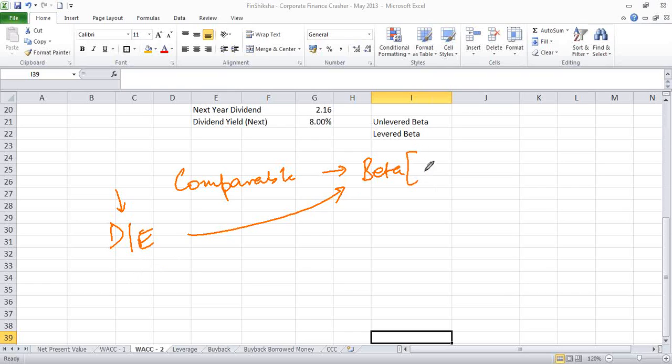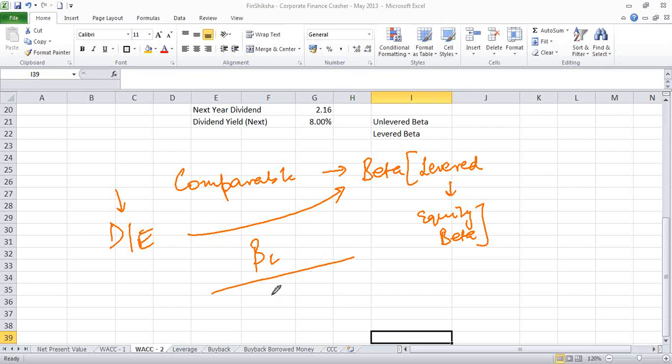The beta that we calculate is called the levered beta or the equity beta. This is calculated from the stock market. We have this for a comparable firm. Now this beta, which is levered beta, has to first be converted into an asset beta or unlevered beta.